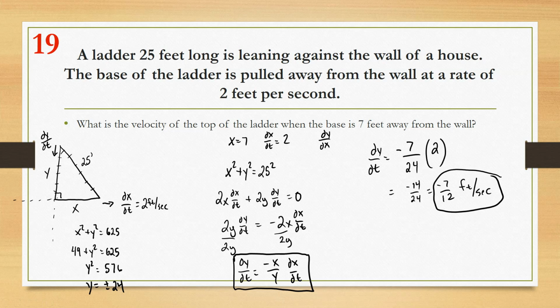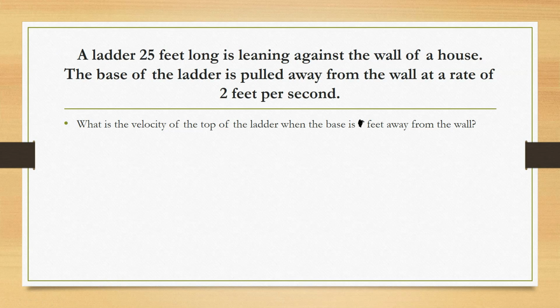Now, what if we change the 7 to 20? I don't know why that still says 7. Let's see. 20 feet. Nothing changes, right? I still know that dy/dt is equal to negative x over y times dx/dt. But the only thing that changed here was my 20 and 25, right?